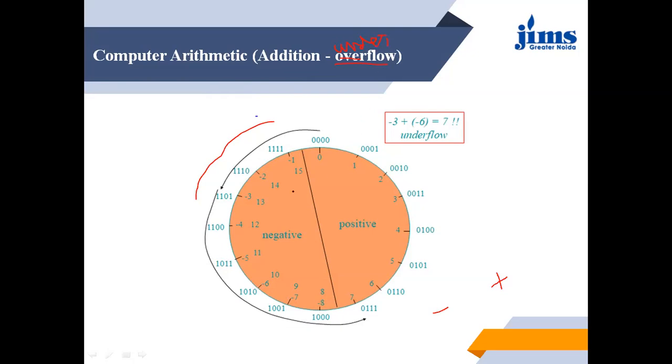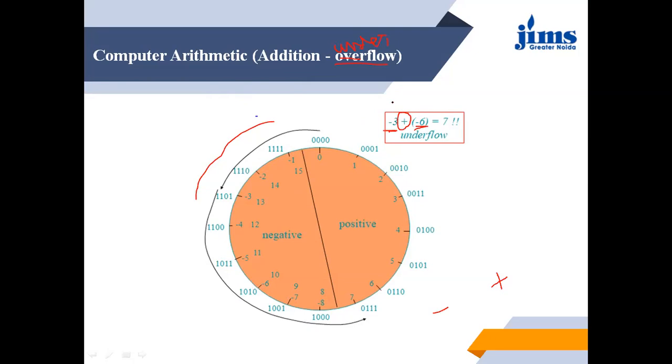Let me tell you this also. When we have to add -3 with -6, so we know that only the operation of addition is going to be performed. So we will write the equivalent of -3.